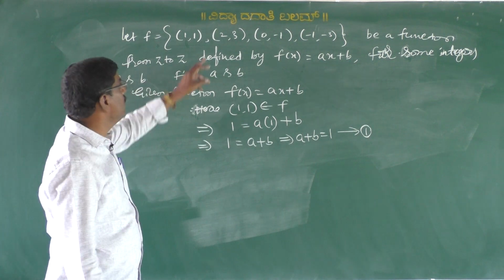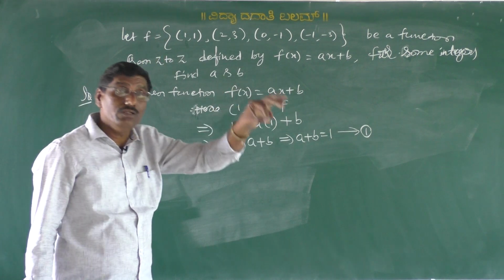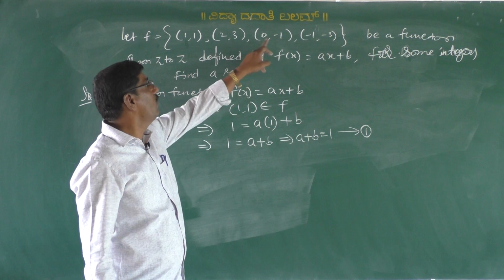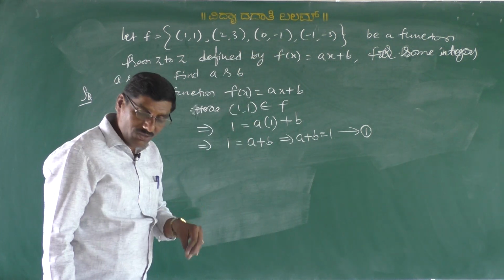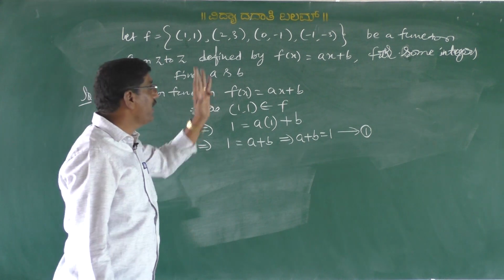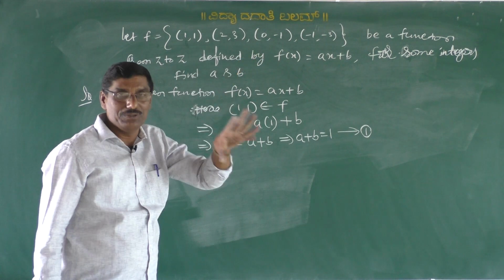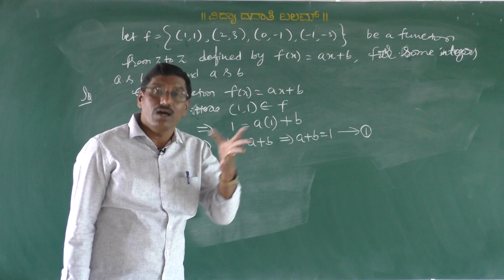Now we consider another ordered pair which belongs to the function f. Here I am going to consider (0, -1). Why? Because for calculation purposes the domain is 0, and easily we get the value of either a or b.